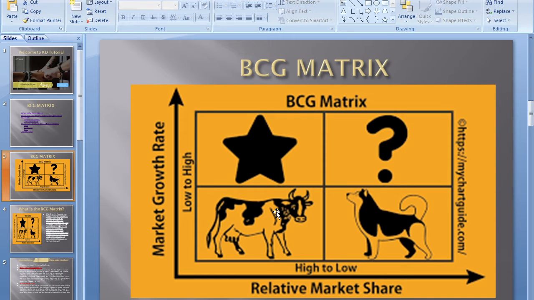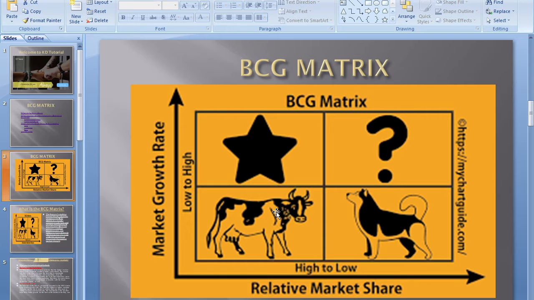First, this is the diagram of the BCG matrix. In the BCG matrix, there are four quadrants. First is star, second is question mark, third is cash cow, and fourth is dog. Basically, we know that the BCG matrix is a comparison to the product life cycle model.